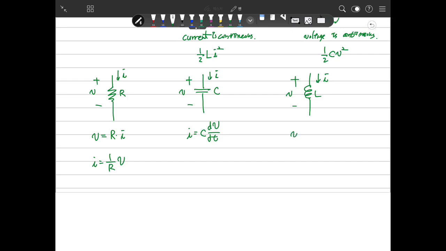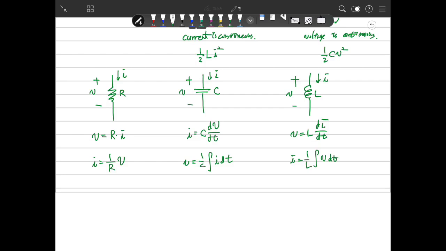And in the case of the inductor, V is L dI/dt. And otherwise V is 1/C times the integral of I dt, and I is 1/L times the integral of V dt.